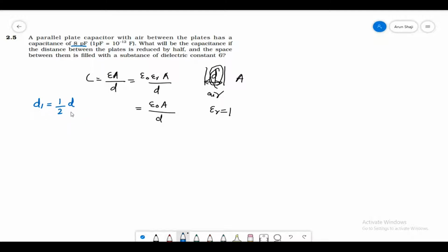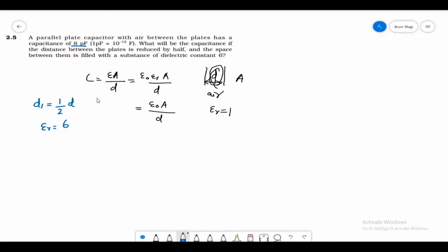So we can write the formula for the new capacitance, with the distance between the two plates as D1 equal to 1 by 2 into D, that is half of D, and the space between them is filled with the substance of dielectric constant 6. Since it is filled with a dielectric constant 6, the value of epsilon R is equal to 6.